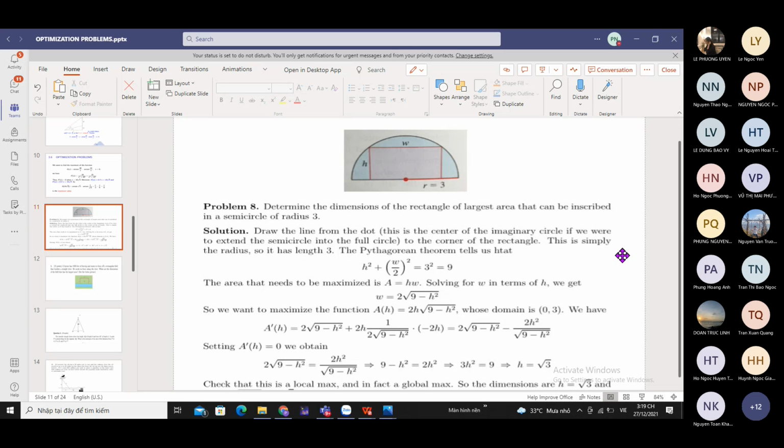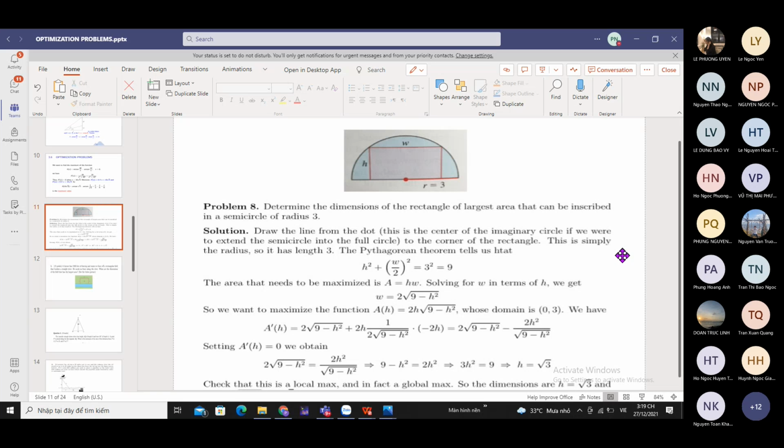Now we reduce A to a function of one variable. From the relation between h and w, you have got w is just 2 square root of 9 minus h squared. We can solve this equation for w. Keep in mind that w and h are positive numbers.